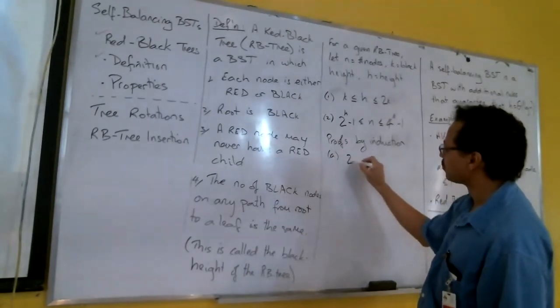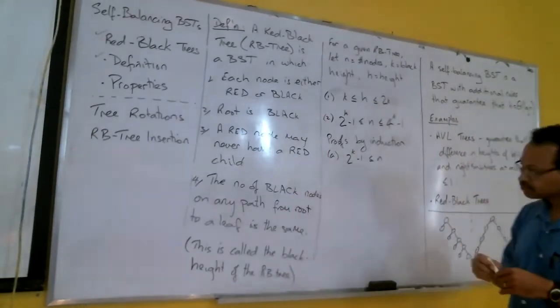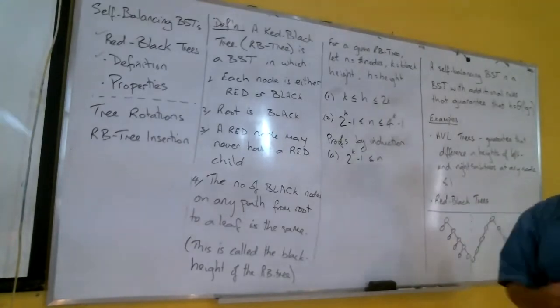We want to prove that 2 to the k minus 1 is less than or equal to n. And I'm just going to sketch the proof here because the details are important, but it's really for you to practice. So of course, you know how proof by induction works.